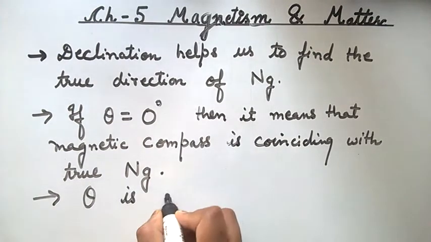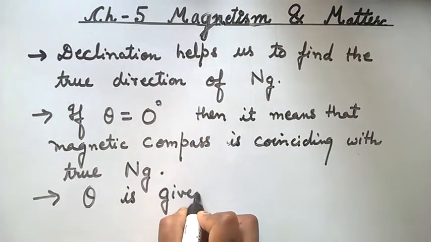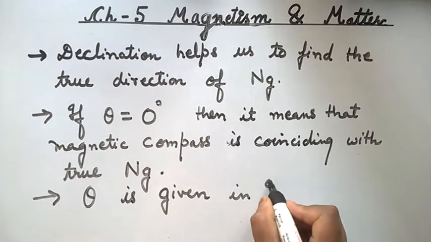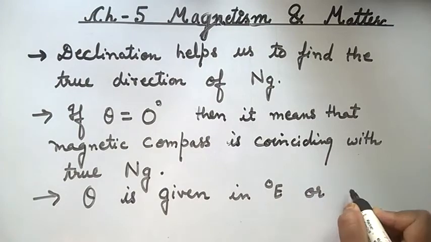Declination is given in degree east or degree west.